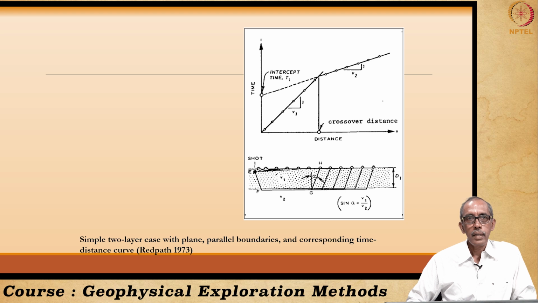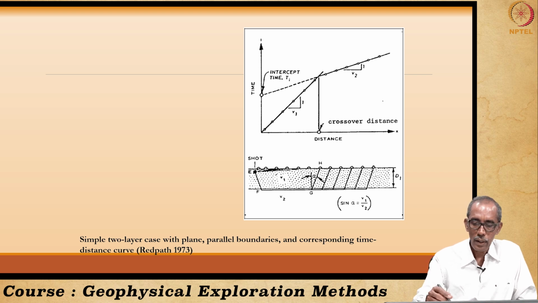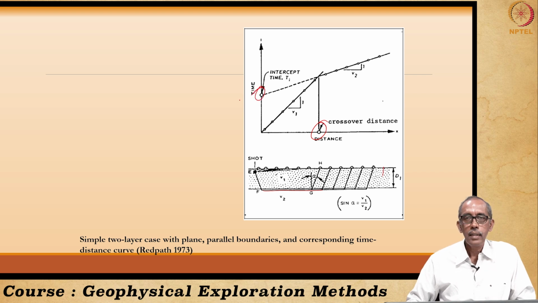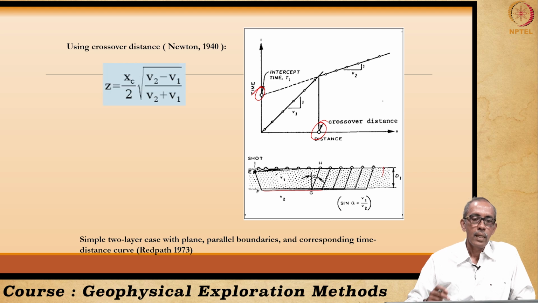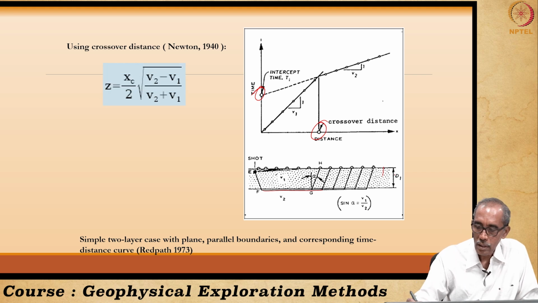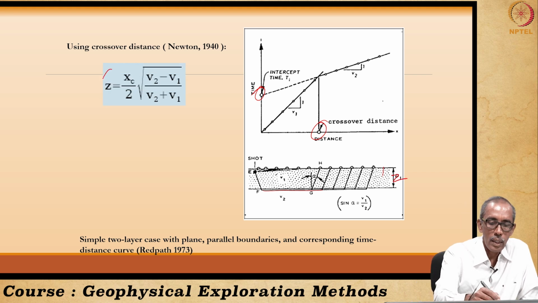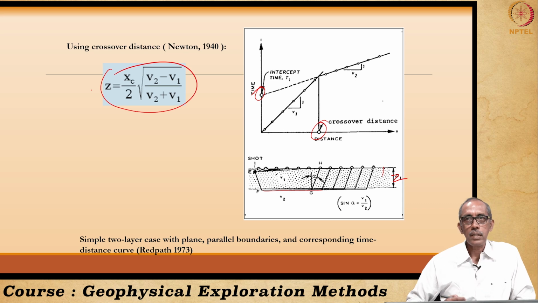Here is a simple two layer case, as we have seen on the previous slide. There are two layers. This is the path taken by the refracted signals. We have the crossover distance and the intercept time. Using the crossover distance, the thickness of the first layer can be estimated using this equation.